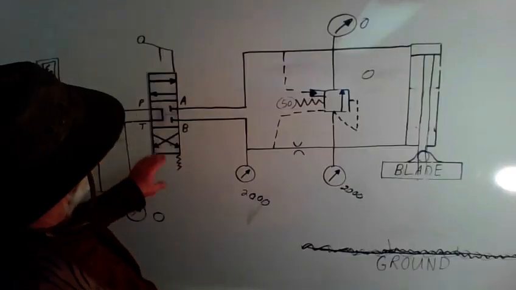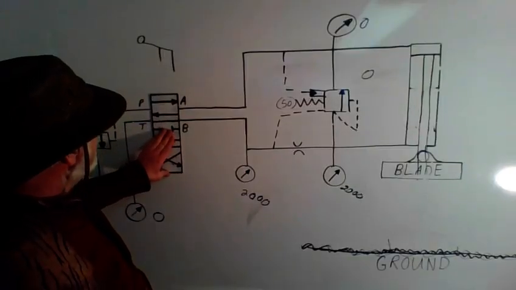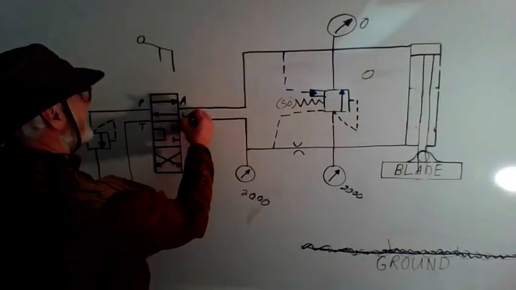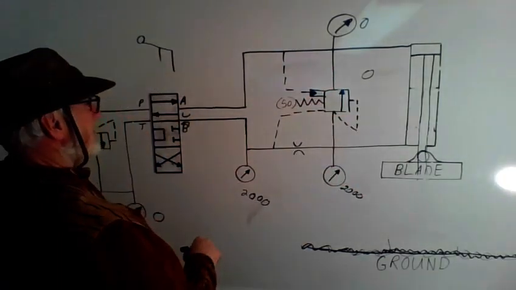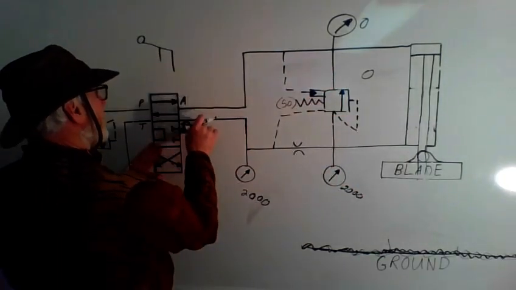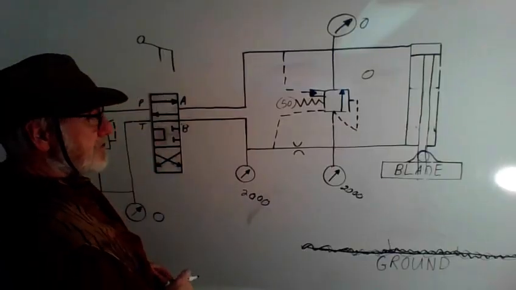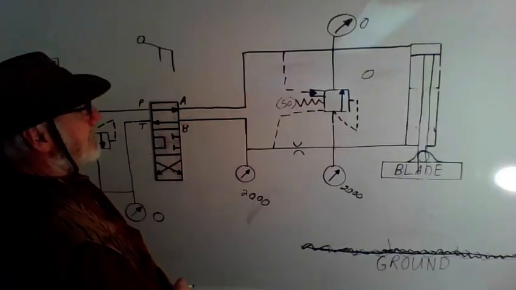Again, if I was to go down slowly, slowly restricting the oil flow here, then I could have a controlled lowering. However, if I want to increase production, then by all means, put it into quick drop.